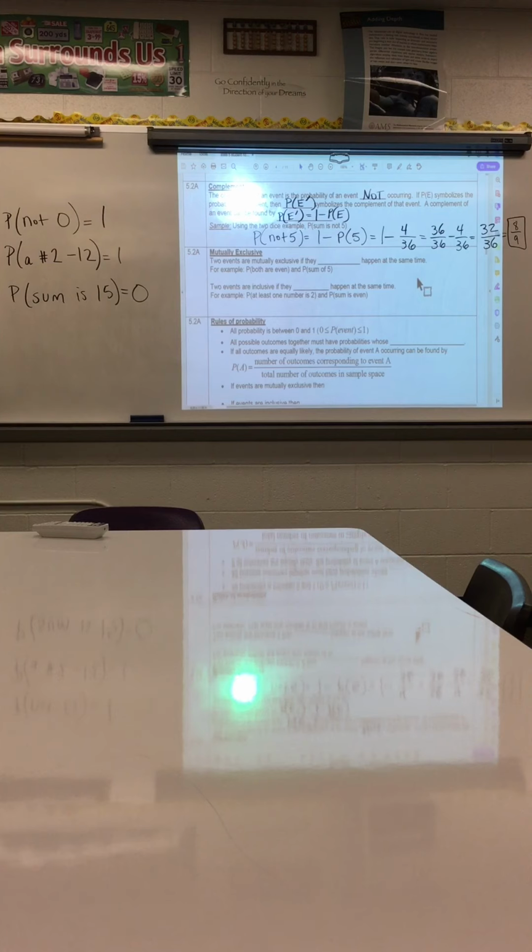Mutually exclusive, when I think about that, I think about people dating each other or being married, or however you guys call it now, I don't know. When you two are the only two together, boyfriend, girlfriend, what do you call that? It used to be that talking meant you were together, then dating meant that.